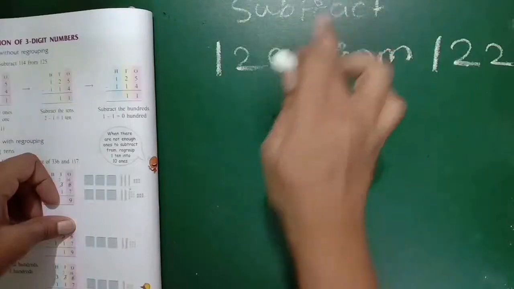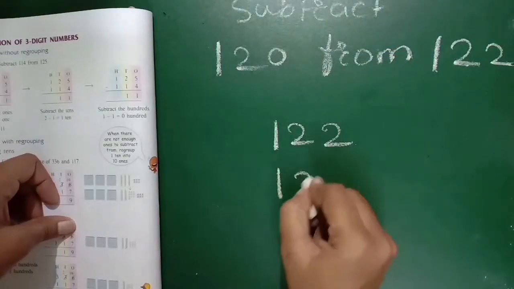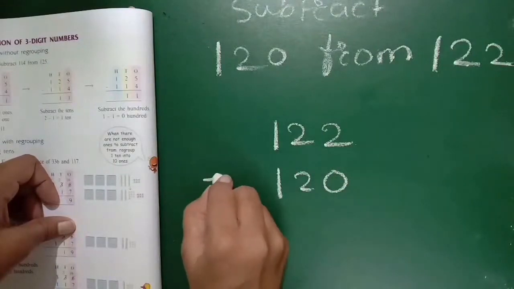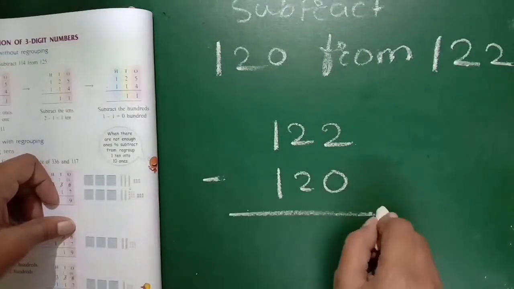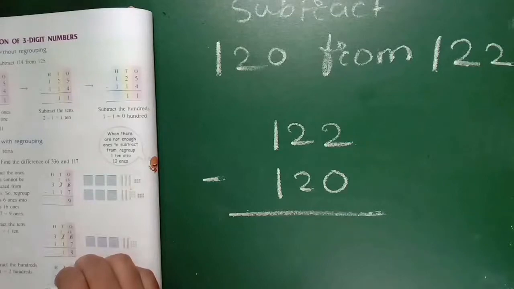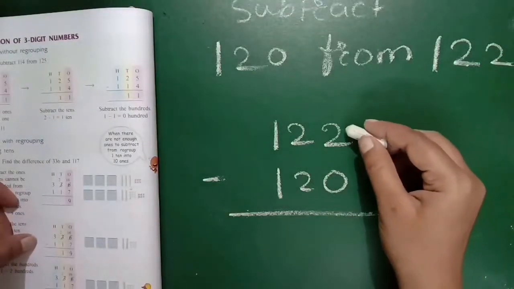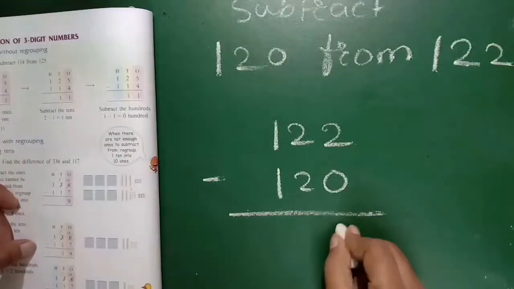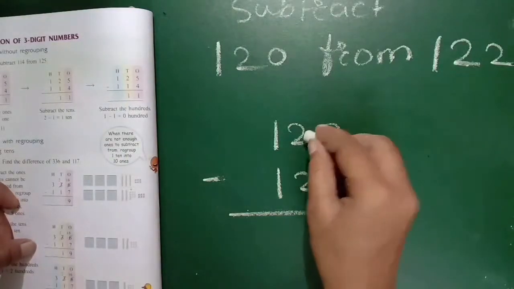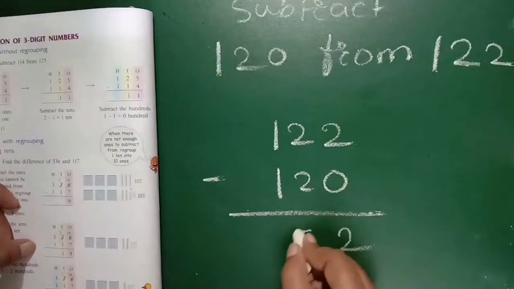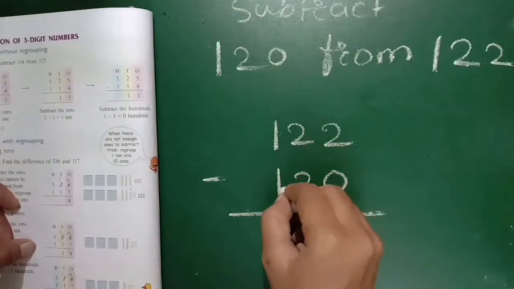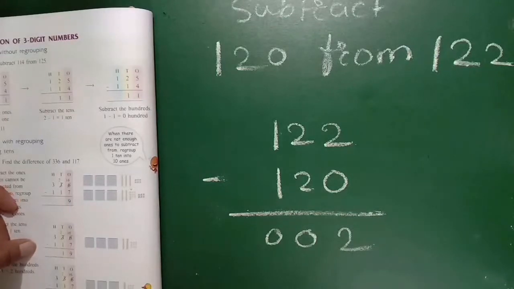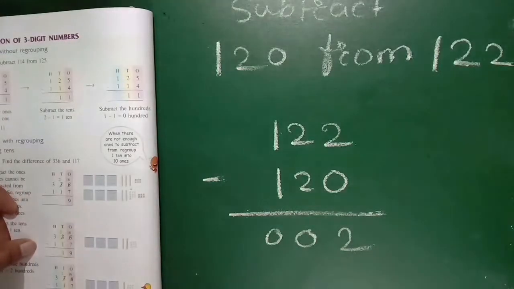We have to subtract 120 from 122. Minus. First of all, subtract ones place. 2 minus 0 is 2. 2 minus 2 is 0. 1 minus 1 is 0. Okay. Got it?